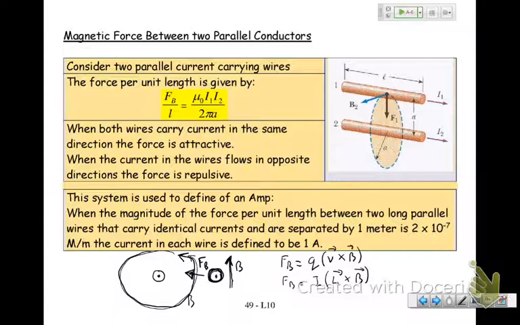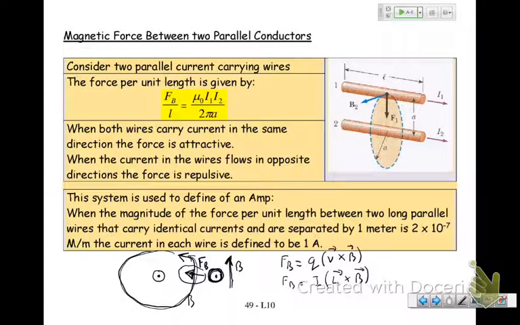Agreed? Let's do that one more time. The current's going round, so the magnetic field is up, and it's going to be v cross B. Can you see how the magnetic force is pushing towards the other wire?